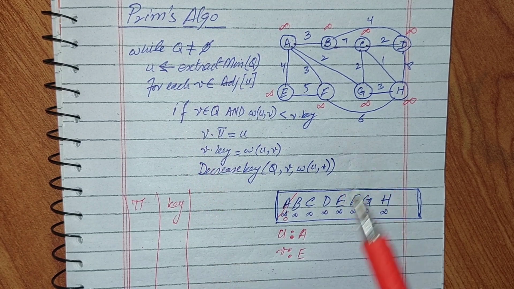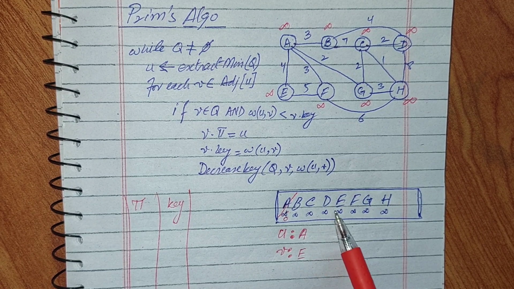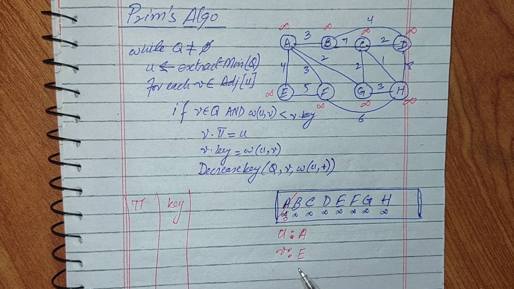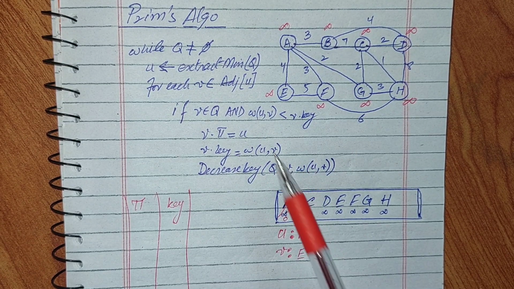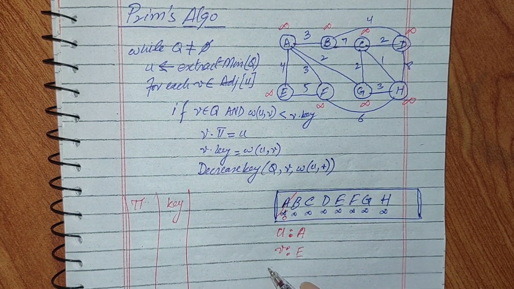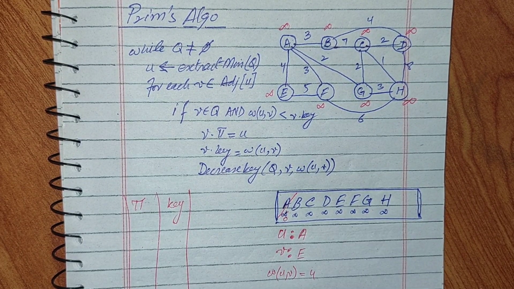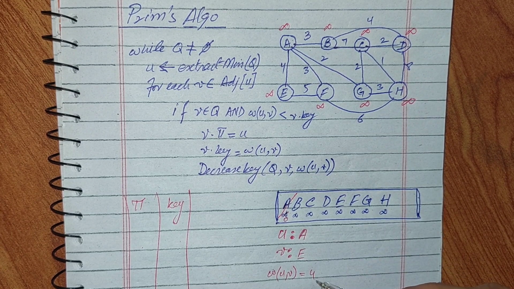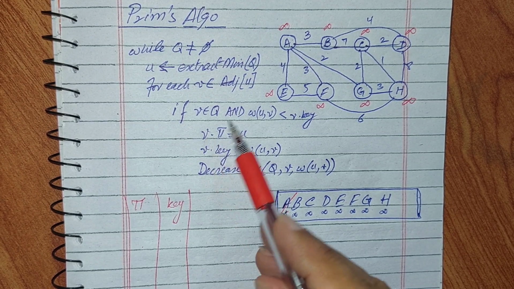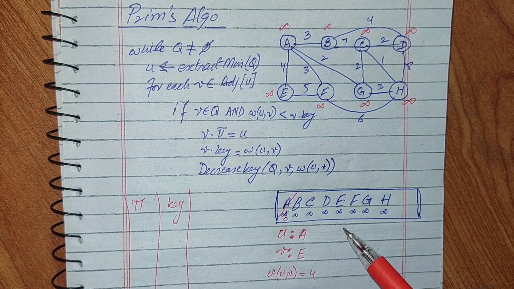If v belongs to Q, let's see, yes, v belongs to Q, that is true, and weight of uv is less than key of v. The weight of uv is basically 4. We mention it like u comma v is equal to 4 here. So weight of AE is 4. So 4 is less than infinity. That is true. So because this condition is true, v.parent is equal to u. v.parent.